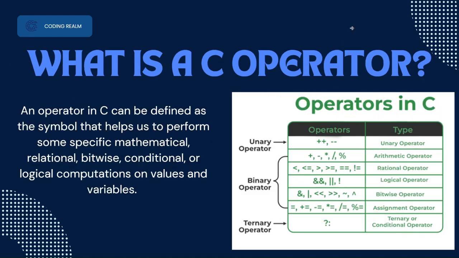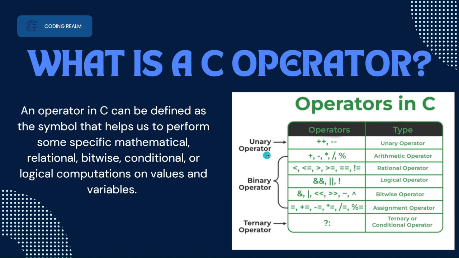Now let's talk about the operators in the C programming language. An operator in C can be defined as a symbol that helps us perform some specific mathematical, relational, conditional, or logical computation on values and variables. These are the C operators.